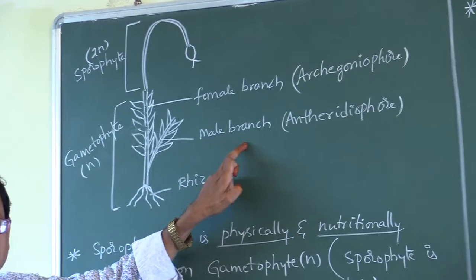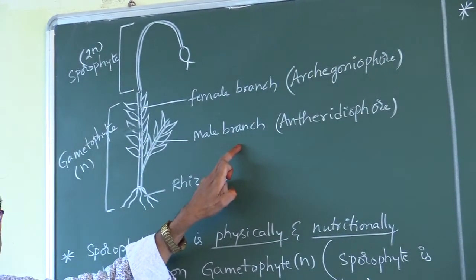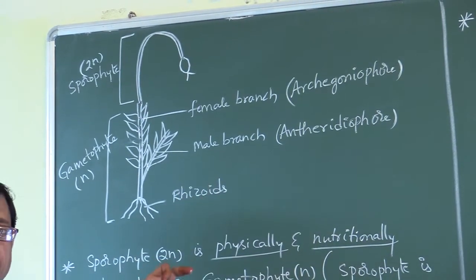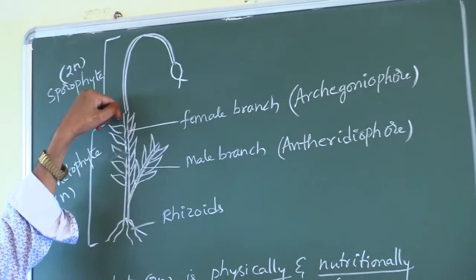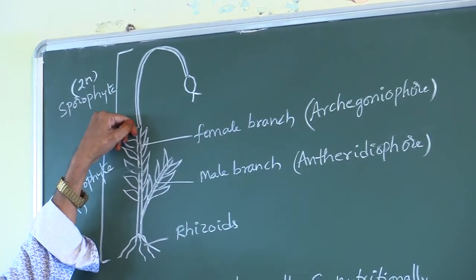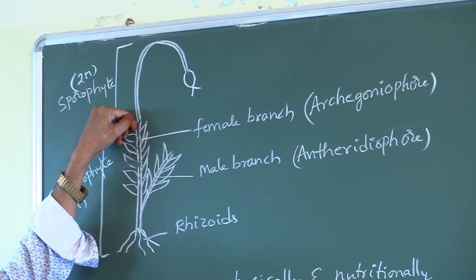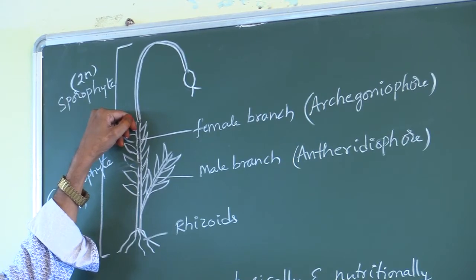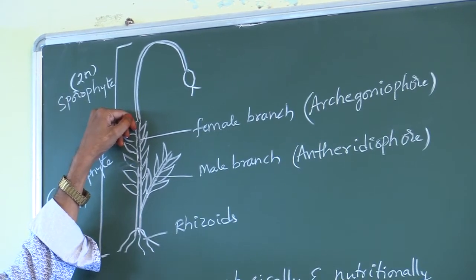The released male gametes reach the egg cell of the archegonium, and there fertilization occurs inside the venter of the archegonium. There the zygote is formed.